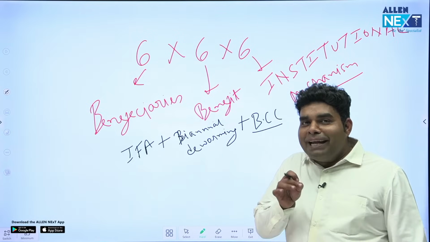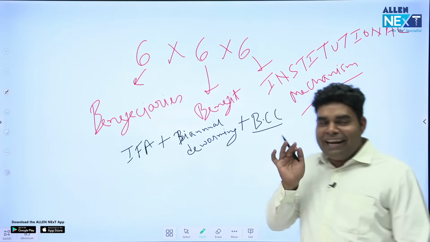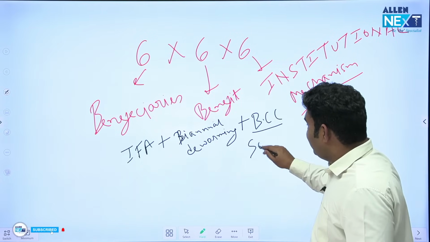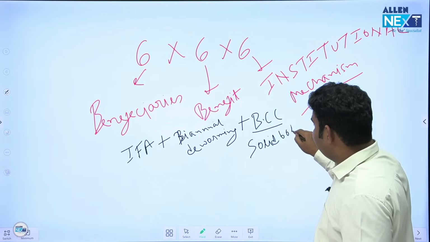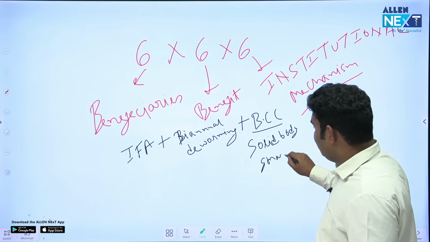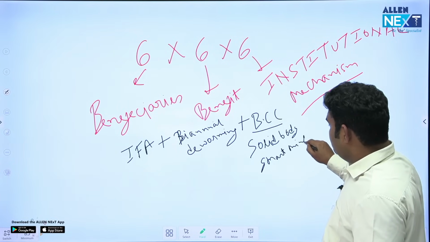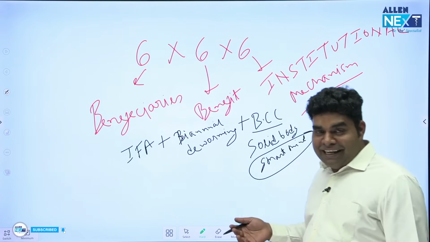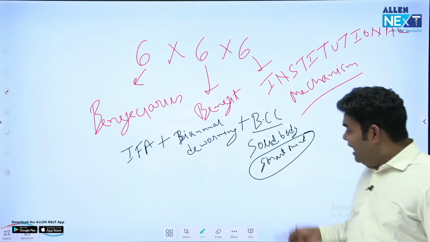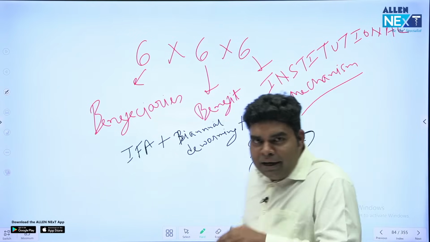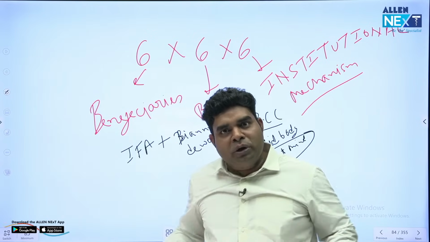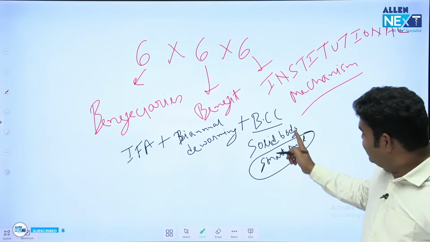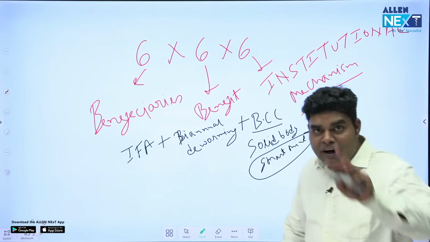In BCC, government is focusing on solid body, smart mind. If you have to give this tablet to a mother, you will say to the mother, if you take the tablet, your child will be smart after birth. He will come first in the class, so she will take it. And if you have to give it to small children, you will say to them that if you eat this tablet, you will be strong to kick butt of all the children in the colony. So they will take it for solid body. So solid body, smart mind. This is BCC.